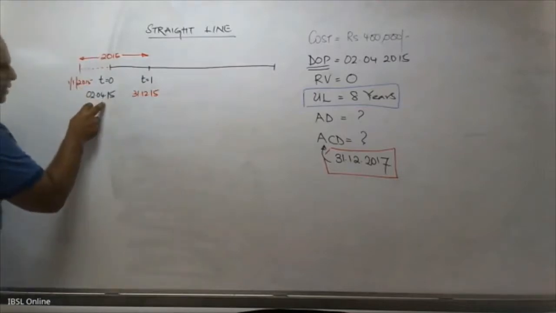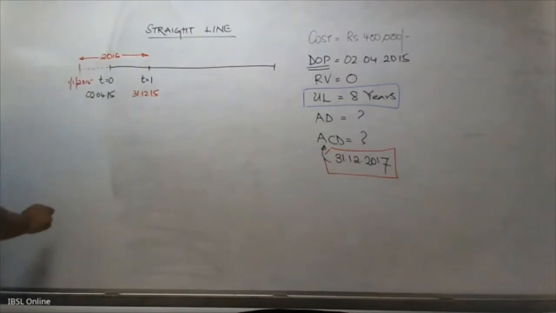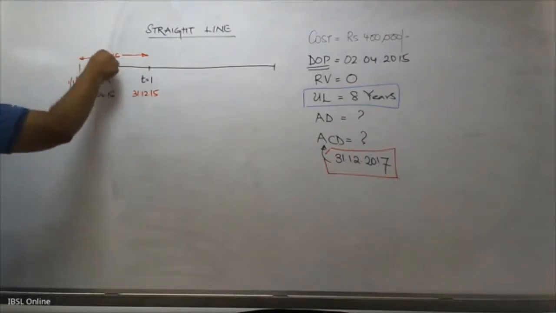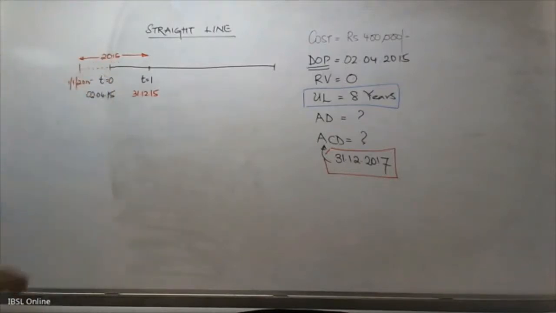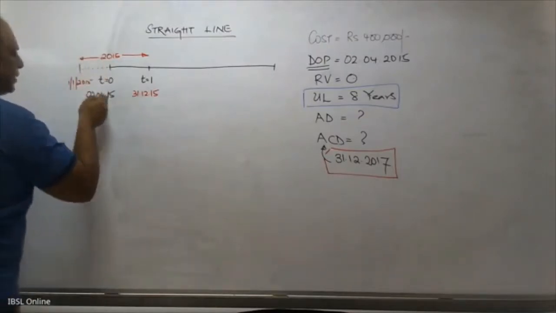But what is happening with this asset? You are purchasing it after a period of 3 months, somewhere in April. That becomes the time equals 0, the starting point of this asset.